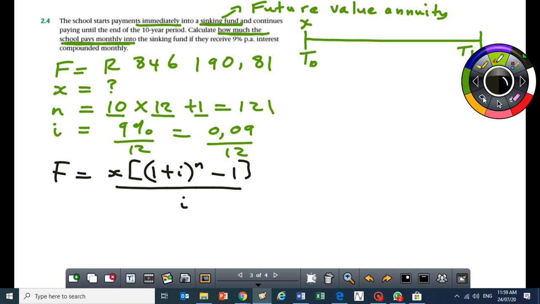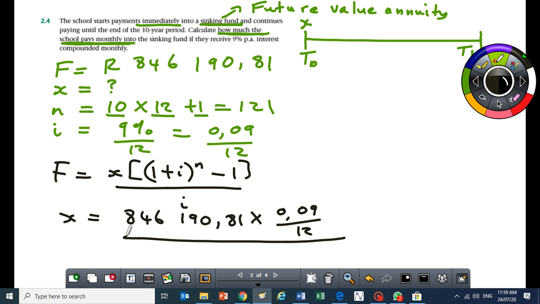My X is going to be equal to F times i, my F is 846,190.81 times 0.09 over 12, all over 1 plus 0.09 over 12 raised to the power of 121 minus 1.